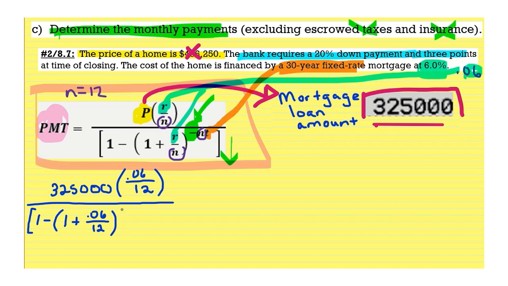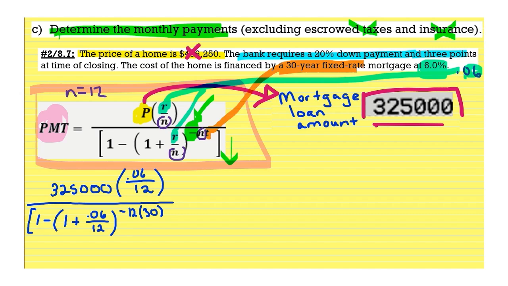Close that parentheses, and then I'm going to go up to the exponent, and it's going to be a negative. The number of payments we will make a year is 12, and I'm going to multiply that times the 30 years that I'm going to be making payments on my house.